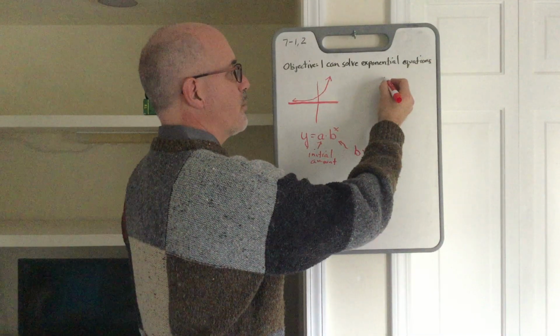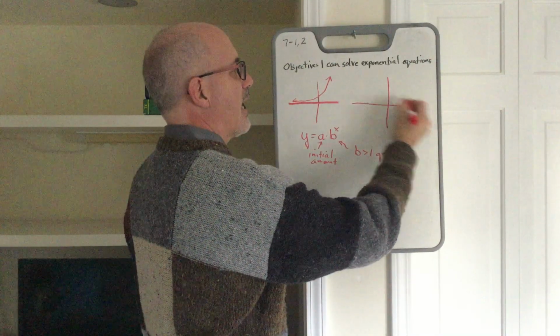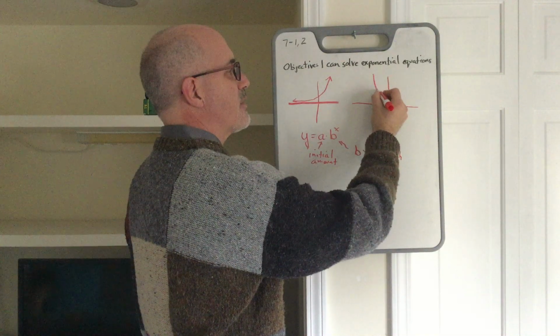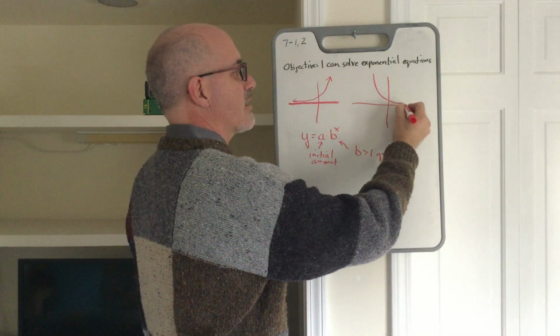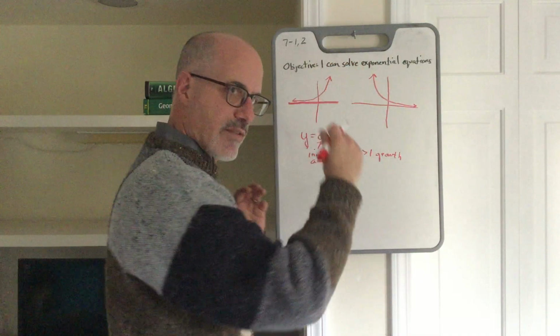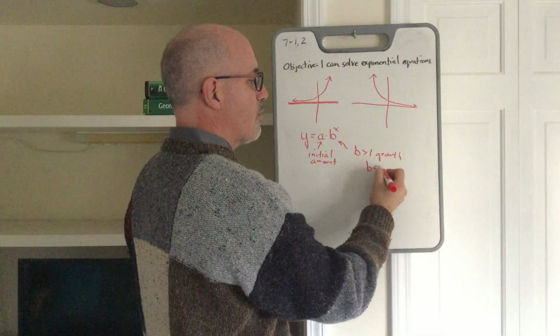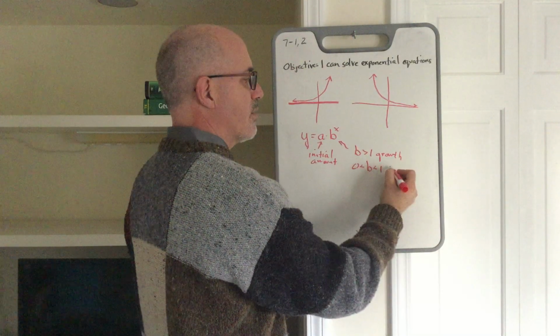If it's between 1 and 0, then we have what's called decay, where the graph comes down toward the asymptote, which is in the positive direction, but the graph goes down and decays over time. That's decay.